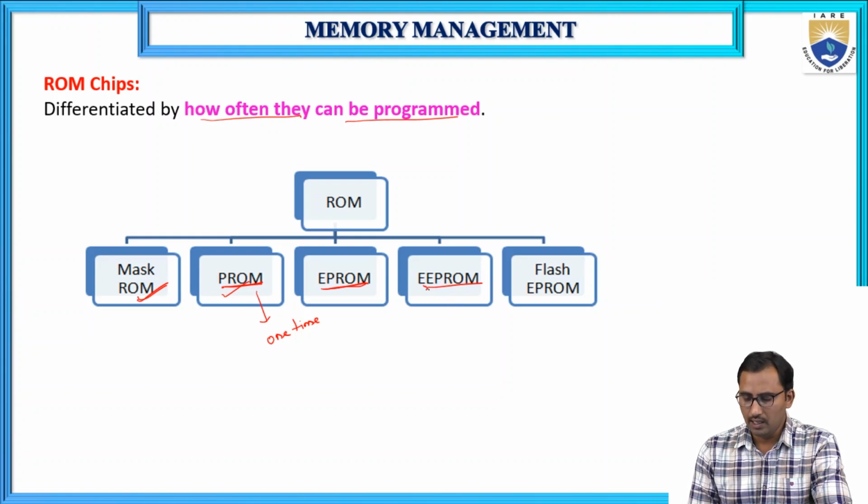Here in EEPROM also, writing the program and erasing is possible multiple times, approximately 10,000 times programmable and erasable. And the last one is flash EPROM. This flash EPROM is an advanced version of EEPROM, flash memory.